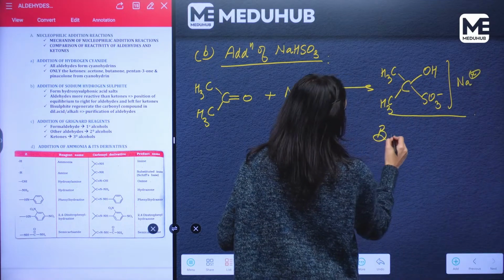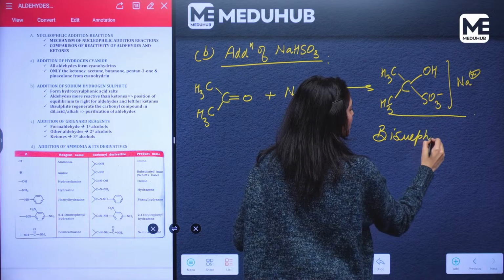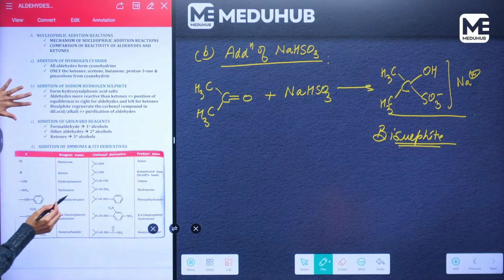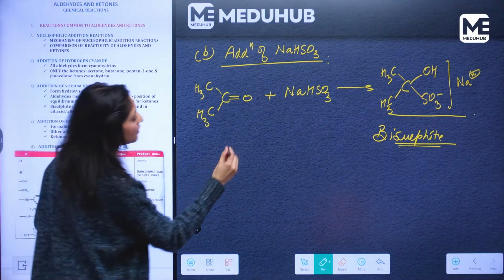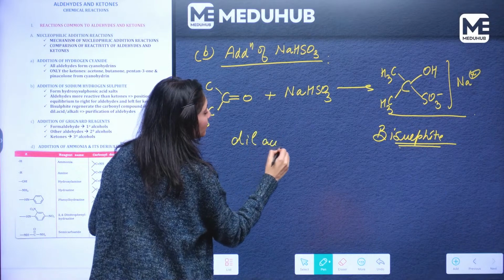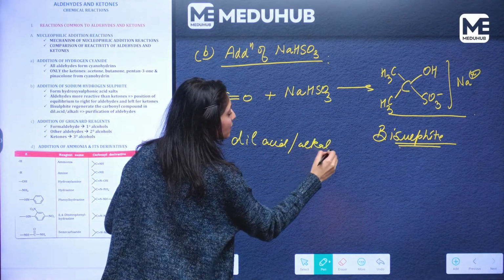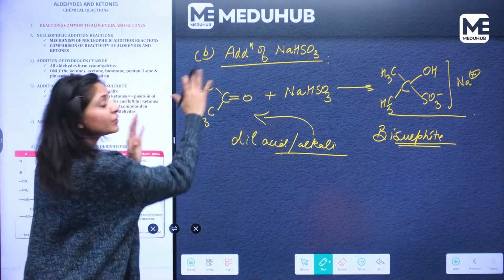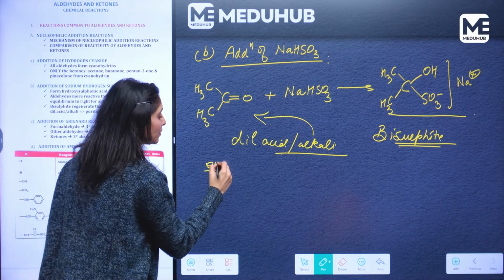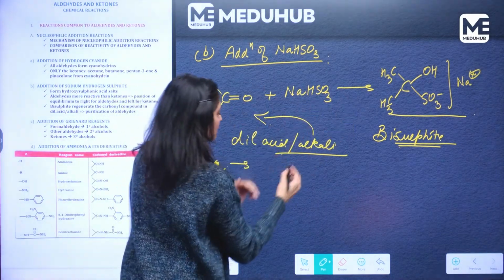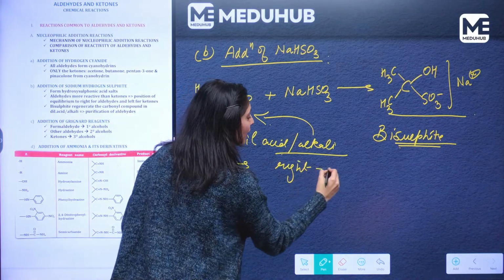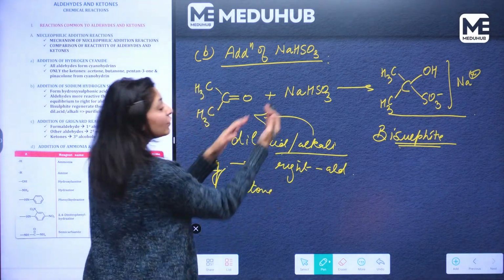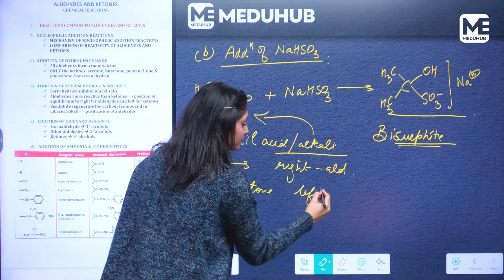This bisulfite upon reaction with dilute acid or alkali regenerates the carbonyl compound. And for such a reaction, the equilibrium majorly is towards the right side for aldehydes, because aldehydes are more reactive, and for ketones, the equilibrium is more towards the left side.